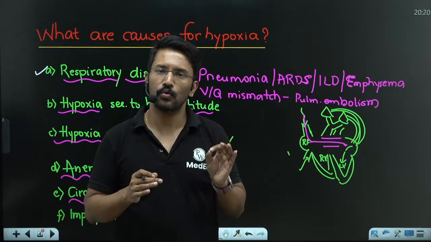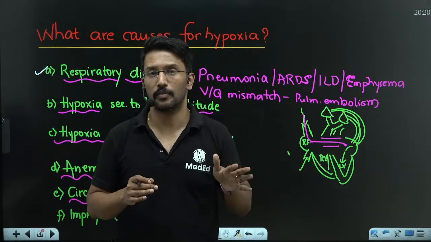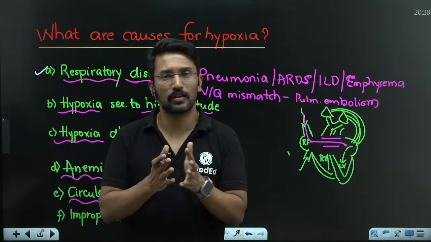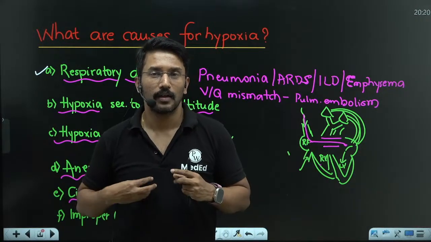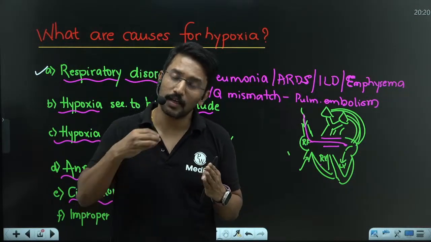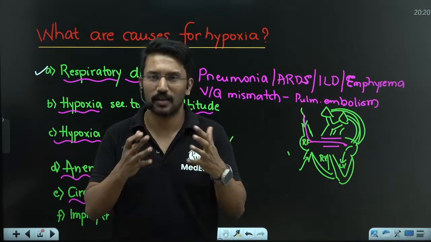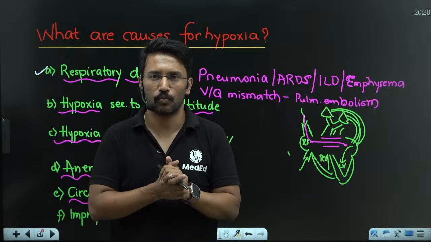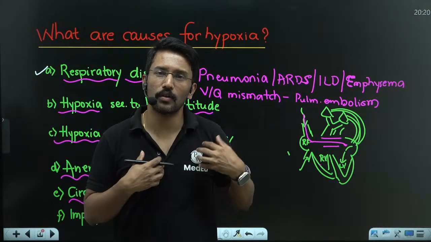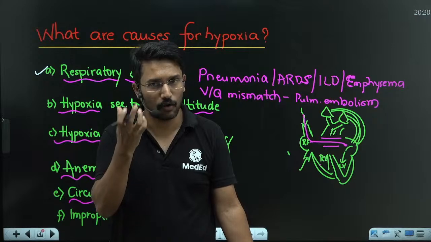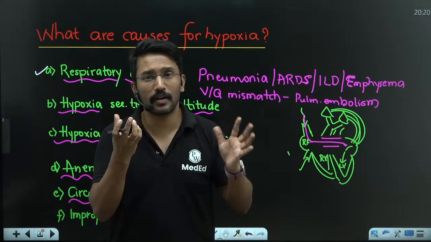Your SpO2 is 98 to 100%, PO2 is 80 plus, PO2 by FiO2 ratio is more than 400. But the blood itself is not going to tissues because your heart is not able to contract well, or there are other issues. There is reduced cardiac output. So if I am not able to give a good amount of blood to the tissues, even if my blood oxygen level is high or normal, tissues are not getting oxygen, right?